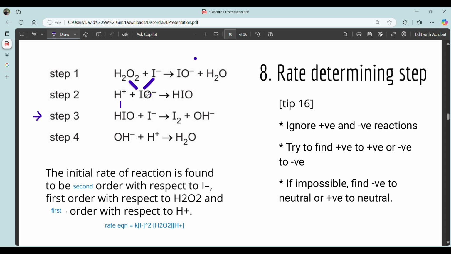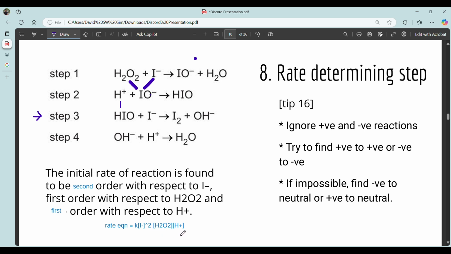So we look at step 3, where it's HIO. HIO is formed from 1 mole of H2O2 and 1 mole of iodide, and it reacts with iodide again. So you see iodide is involved in the reaction twice. There are 2 moles of iodide involved. So therefore iodide is second order in step 3.